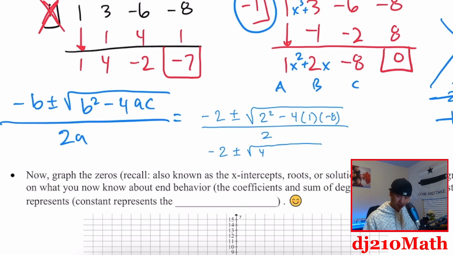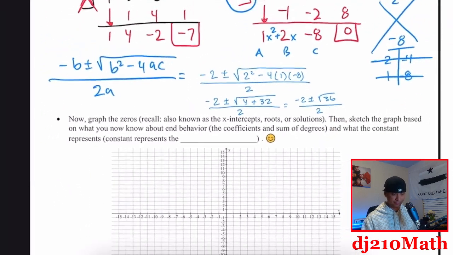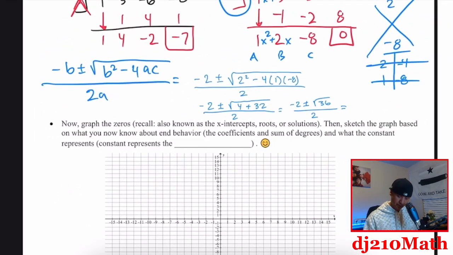Negative 4 times negative 8 is positive 32, which is actually really nice. And this is going to be over 2. Okay. 4 plus 32 is 36. That's awesome because the square root of 36 is 6. So this is going to be negative 2 plus or minus 6 over 2.